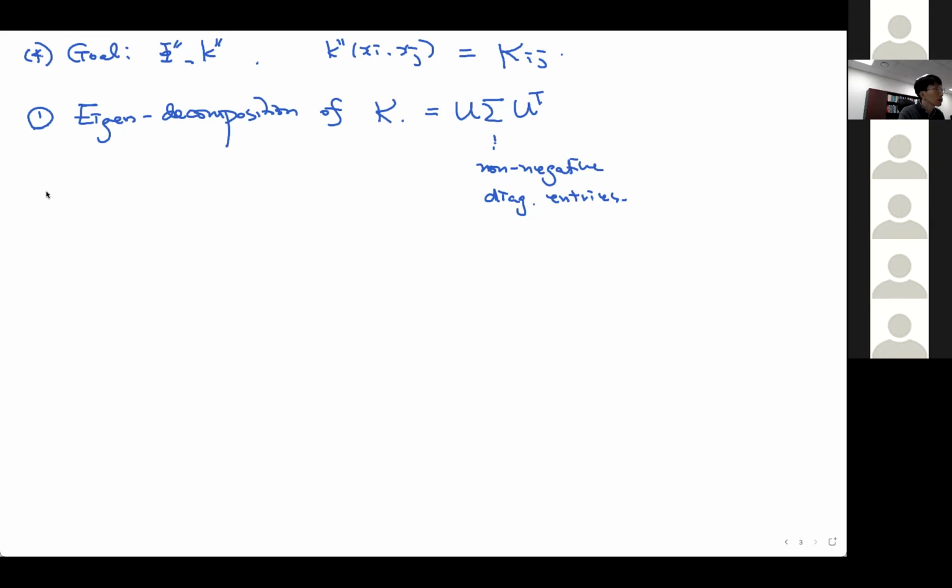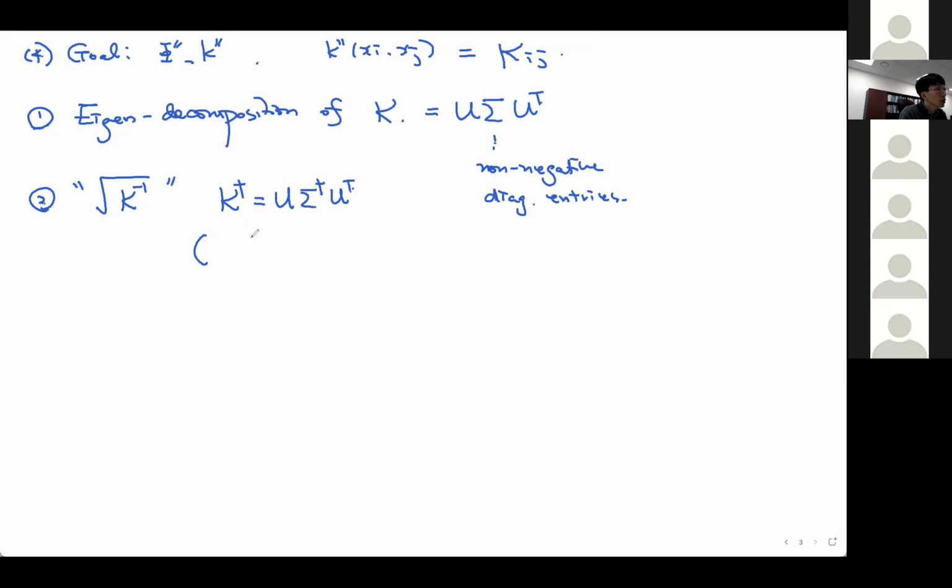If we have this eigen decomposition, then we can think about, in a sense, the square root of the inverse of K. So roughly speaking, we can define the square root of K inverse. K may not have an inverse, but we can define something like this using the so-called pseudo inverse. So what we are defining here is this K dagger. We define this one first, which is defined as U sigma dagger U transpose.